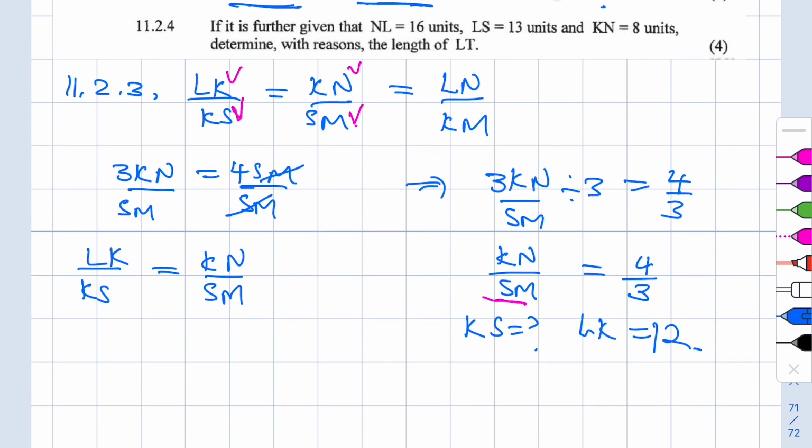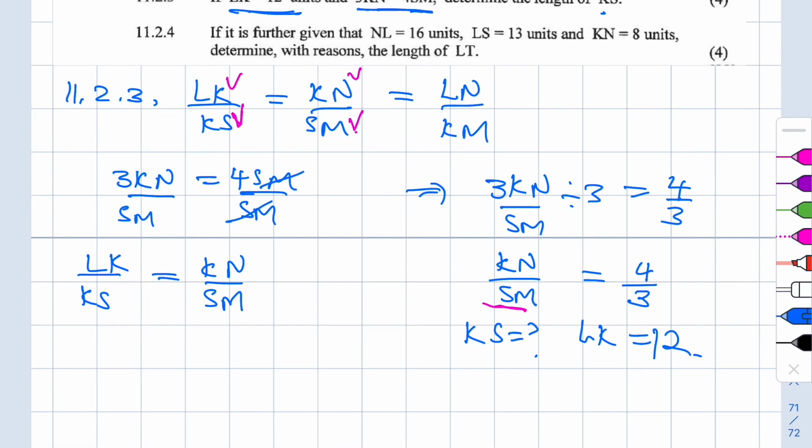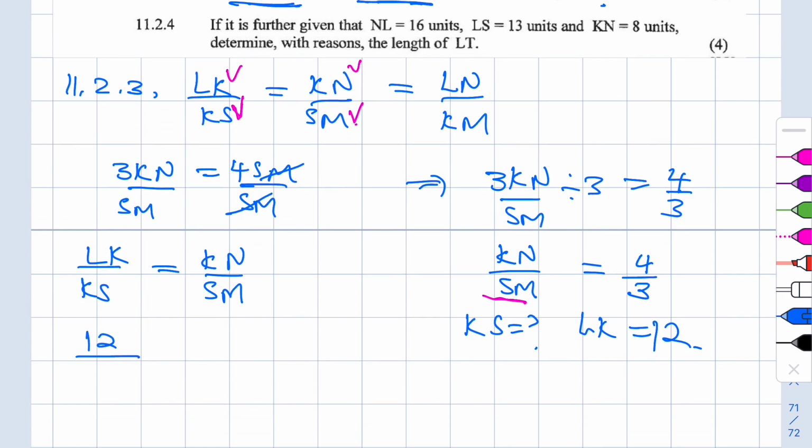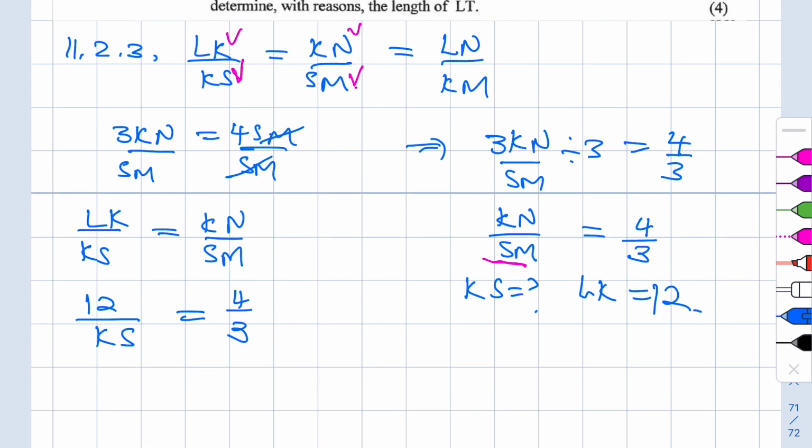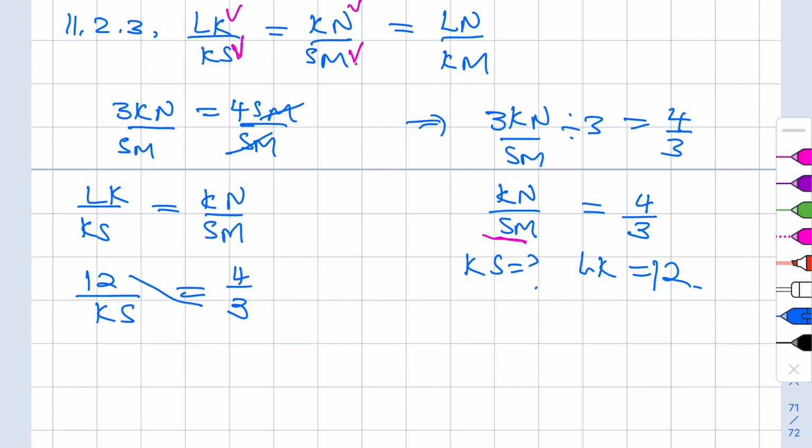LK is 12, KS is what we are looking for, and the ratio of KN to SM was given, so that is 4 over 3. Then next step, we just cross multiply.